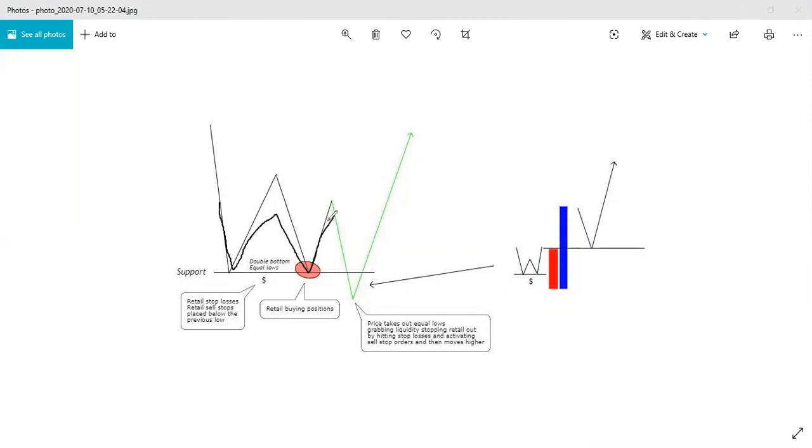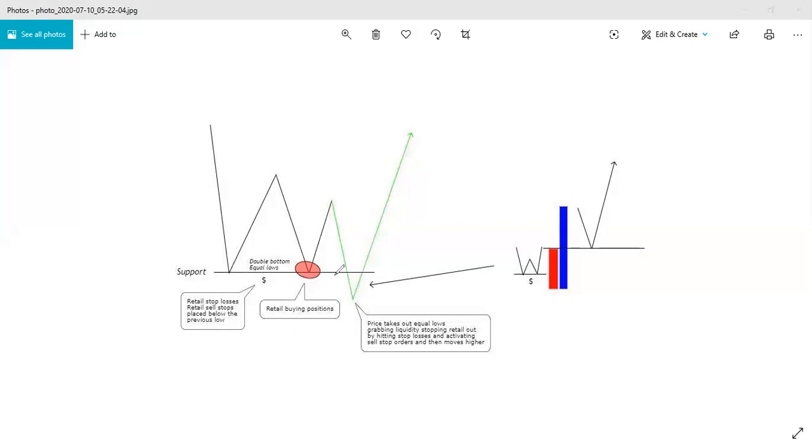So what we would like to see is a very strong impulse down below the equal lows in the form of a wide ranged bodied candle or a long wick spike below equal lows that capture liquidity, and then an aggressive impulse to the upside.